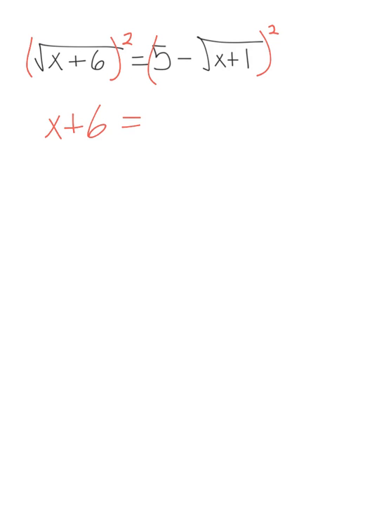Now, in order to square the right side of the equation, what I'm going to have to do is actually multiply it by itself. Okay, when you square something, it's just multiplying it by itself.